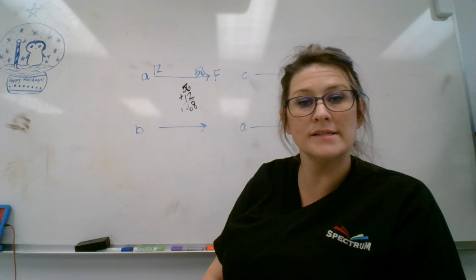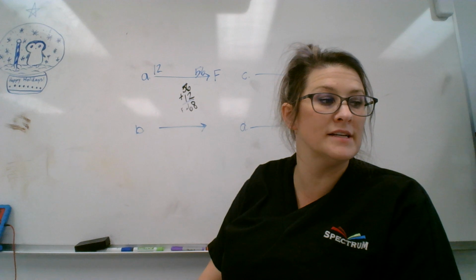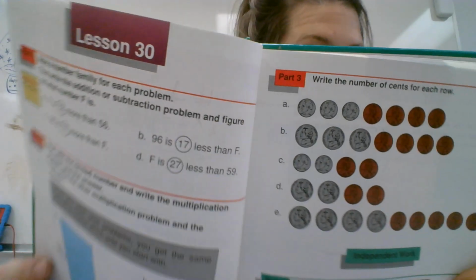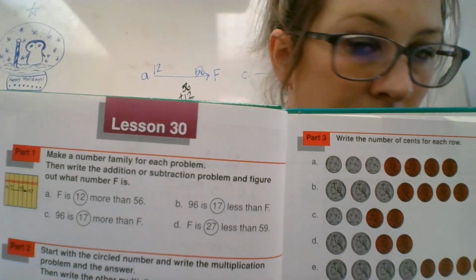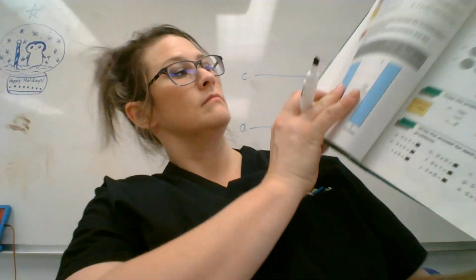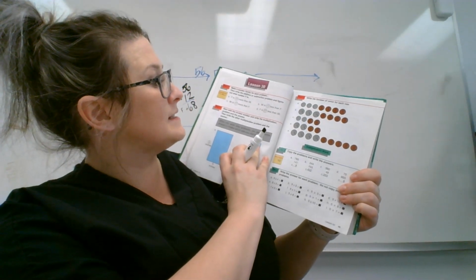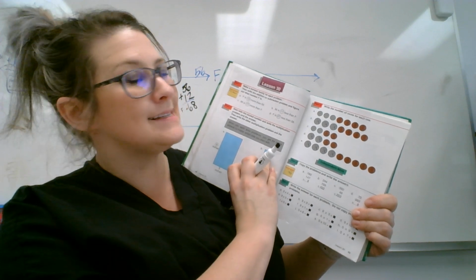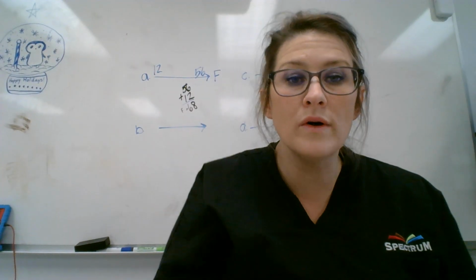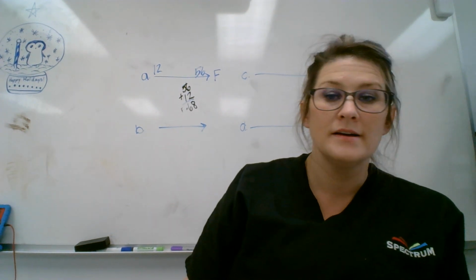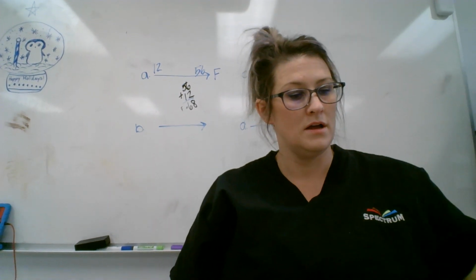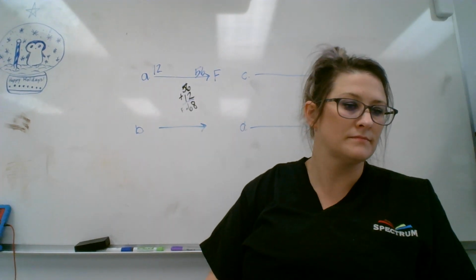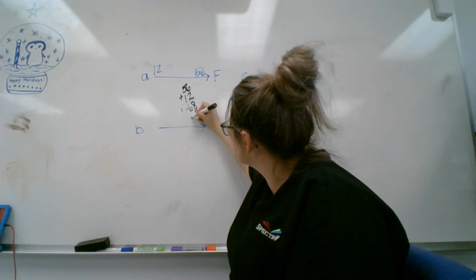We're going to do the rest of the problems just like that. However, I will have you guys do the math portion. Problem B says, "96 is 17 less than F." I'm going to read it without the circled number. 96 is less than F. So if 96 is less than F, does 96 go here or here? 96 is less than F, so 96 goes here.